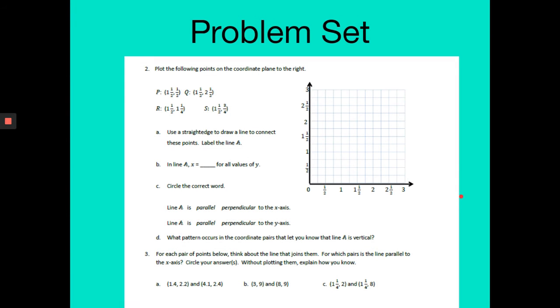Now, before we go into the exit ticket, this is your extra practice if you really need more without my voice guiding you, just to work with it a little bit more. This one is a little bit different because they have half marks, and there's going to be a point where they bring in fourths.